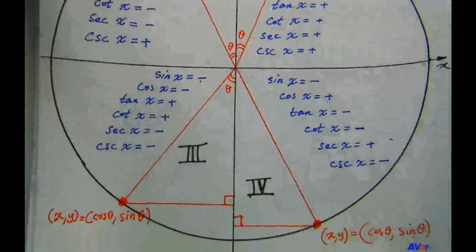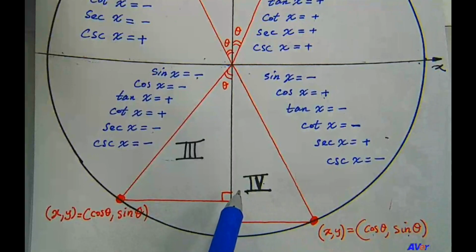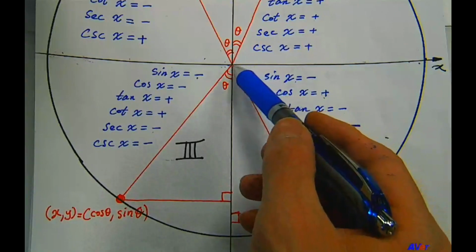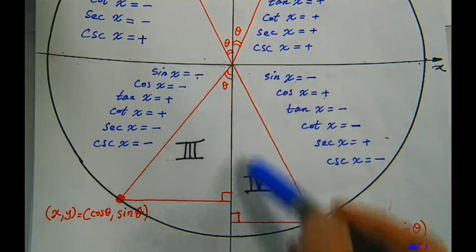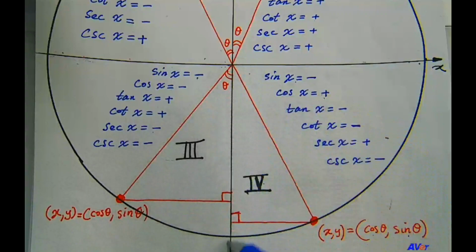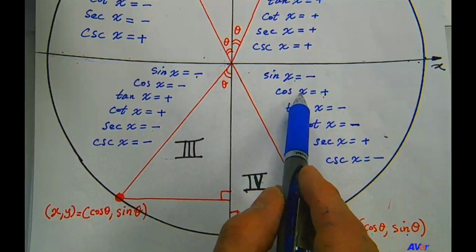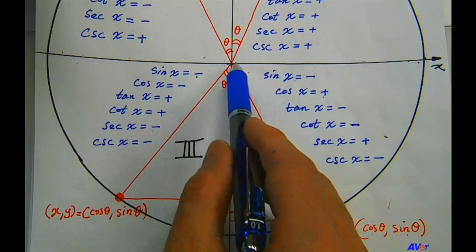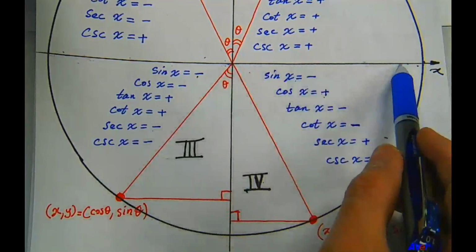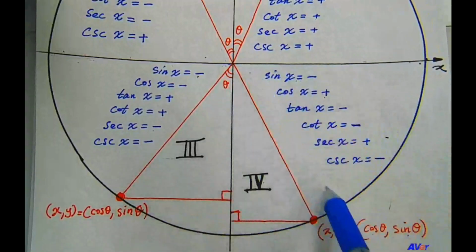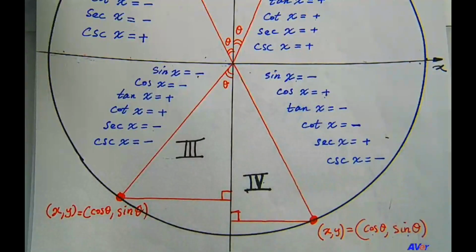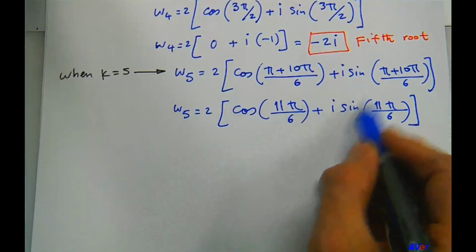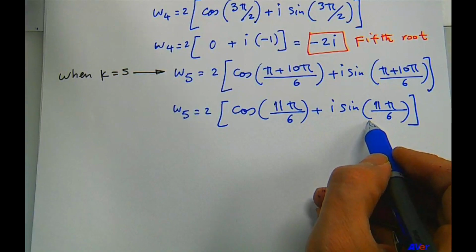Right? In the fourth quadrant, sine is negative because it has to do with the reflection of the reference angle along the y-axis, and in the fourth quadrant, the y-axis is negative. The cosine has to do with the reflection of the cosine of the reference angle along the horizontal axis, and the horizontal axis in the fourth quadrant is positive. So we know this quantity is positive and this quantity is negative, right?